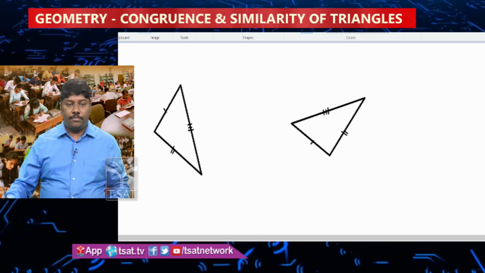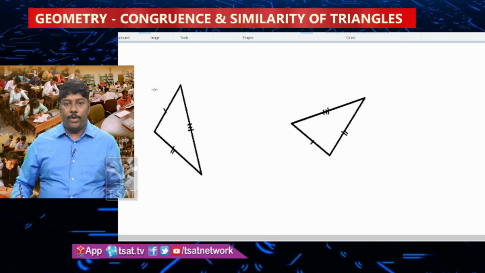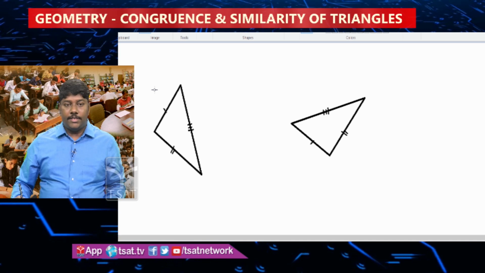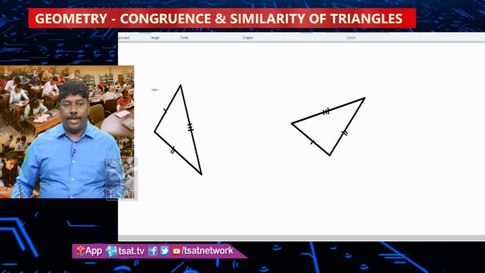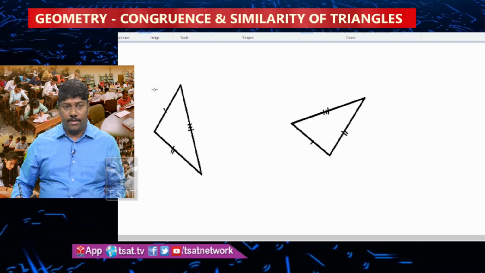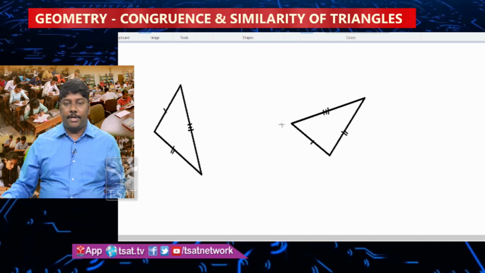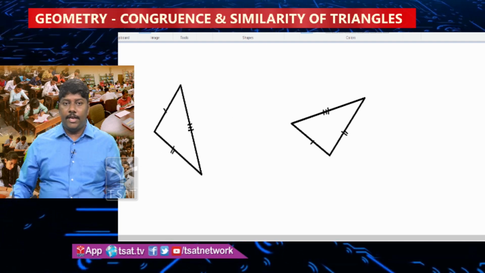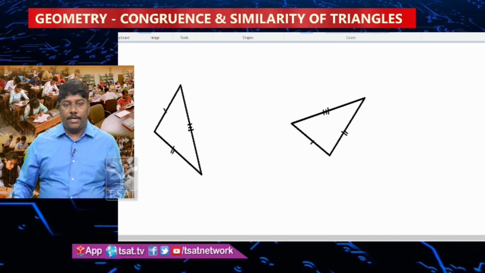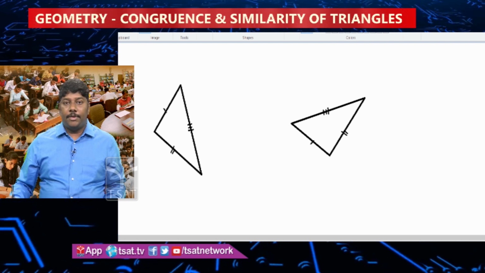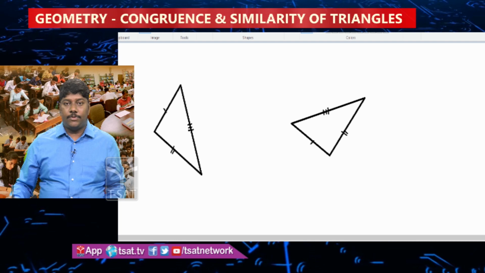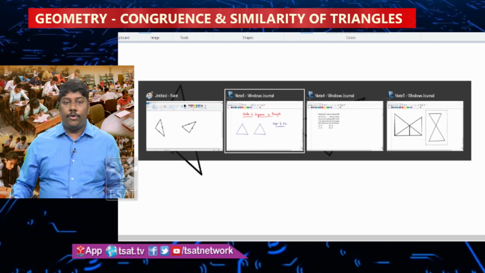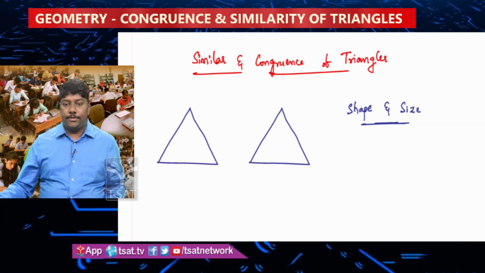Now, by looking at side 1, side 2, side 3, we can say these two triangles are equal in shape as well as in size. I may not be giving them exactly the same way, but I am rotating it. In any pattern, it doesn't matter, but all you must remember is they must be equal in shape as well as in size. So you call it congruency of triangles.